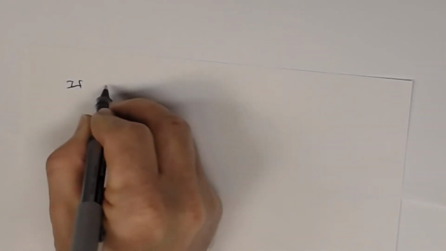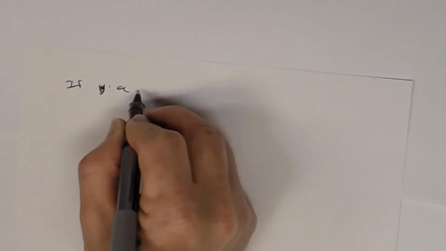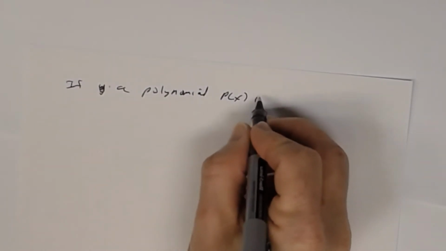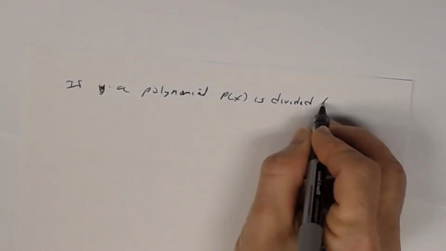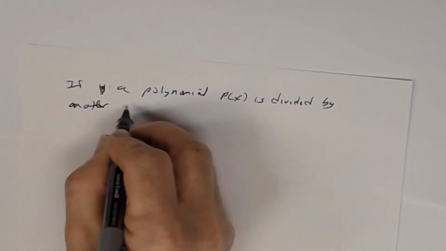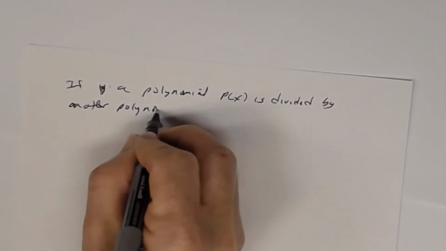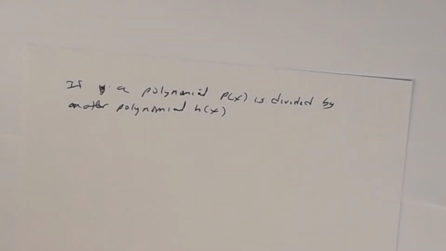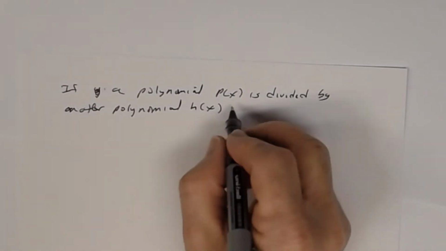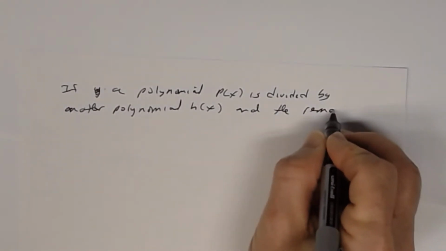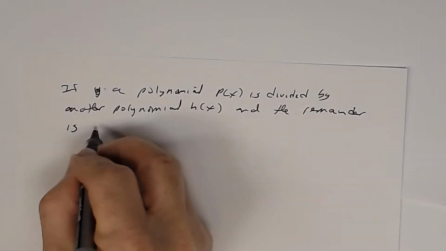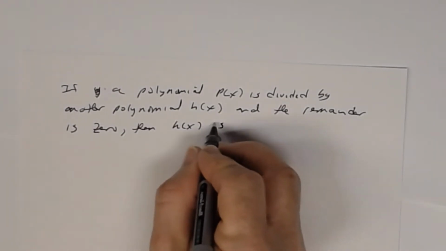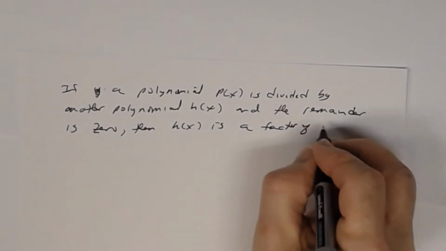If a polynomial p of x is divided by another polynomial, which I'm going to call h of x, and the remainder is 0, then h of x is a factor of p of x.